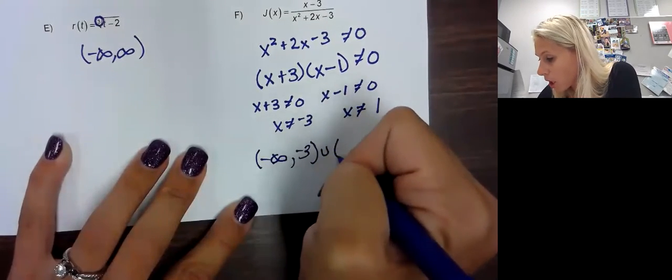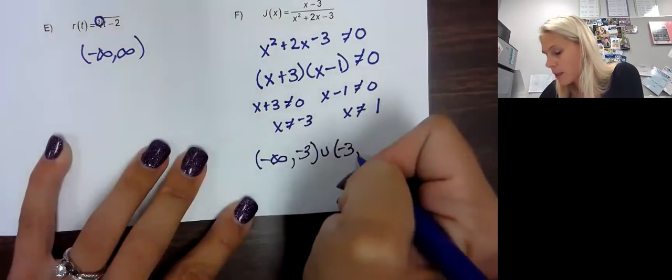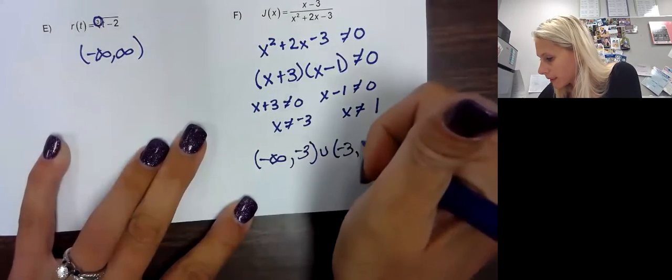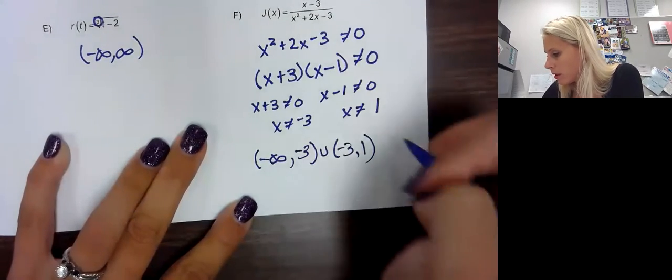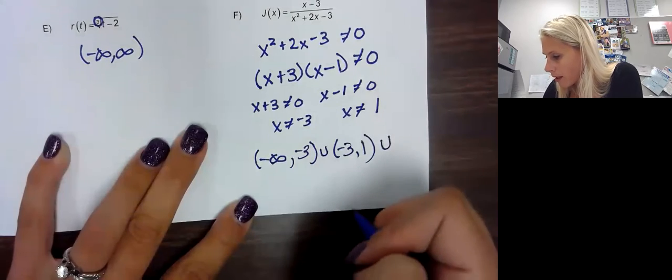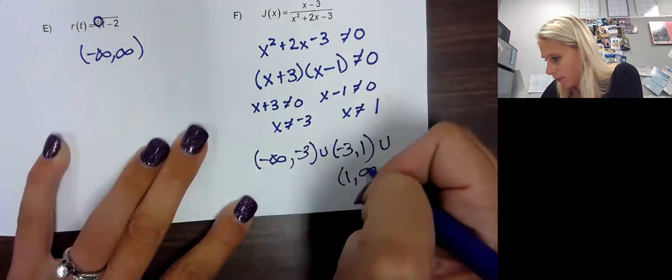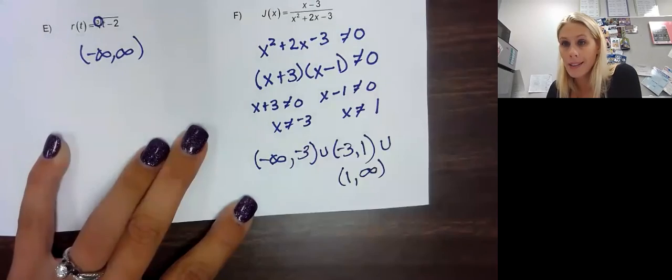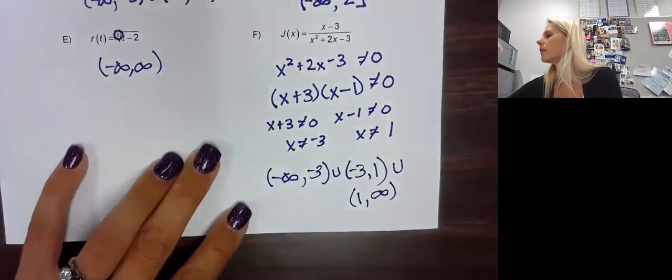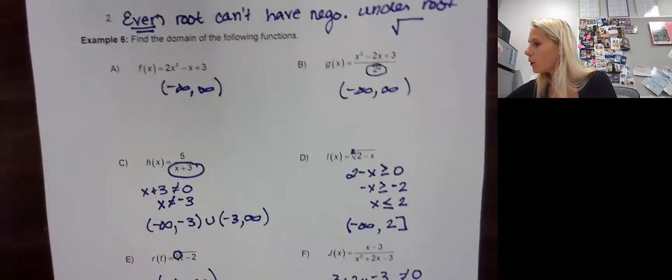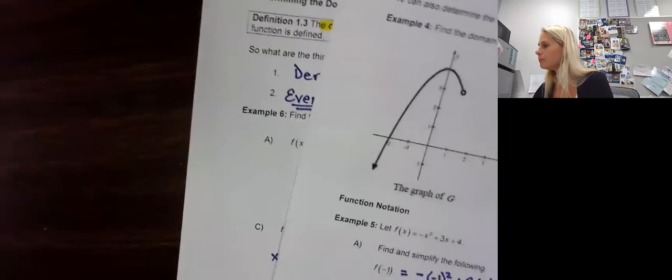Then we're going to start with that number, go to our next one, which in this case is 1, and then start with that one and go to infinity. Ta-da!